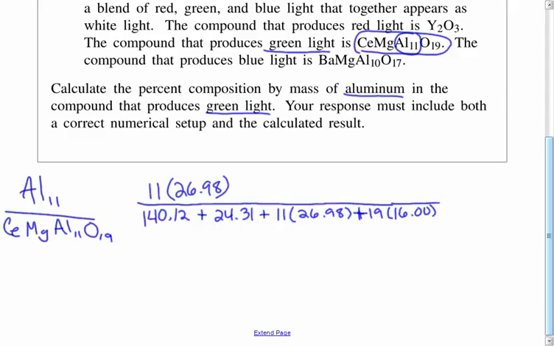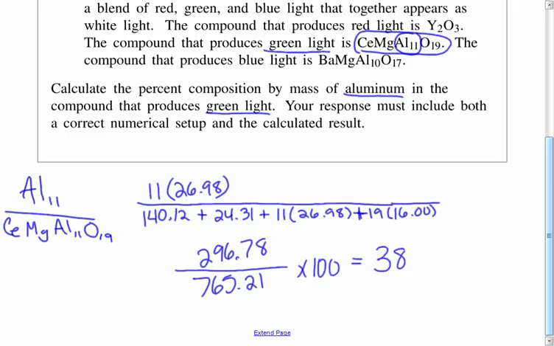So when we do our calculations, we get 296.78 grams on top for the aluminum, and we get 765.21 grams for that whole compound, times our 100 to change it into a percentage. So we end up with 38.8% aluminum on the coating that's inside that bulb.